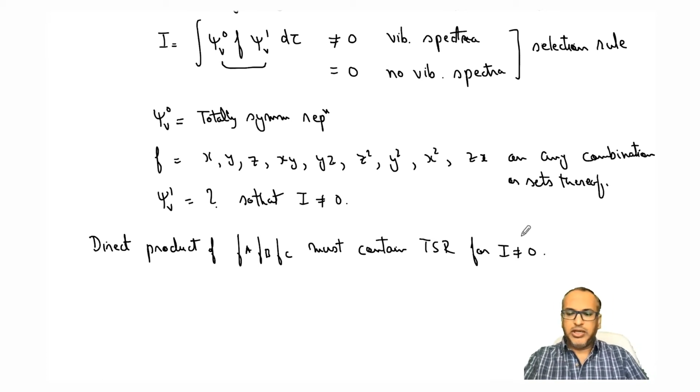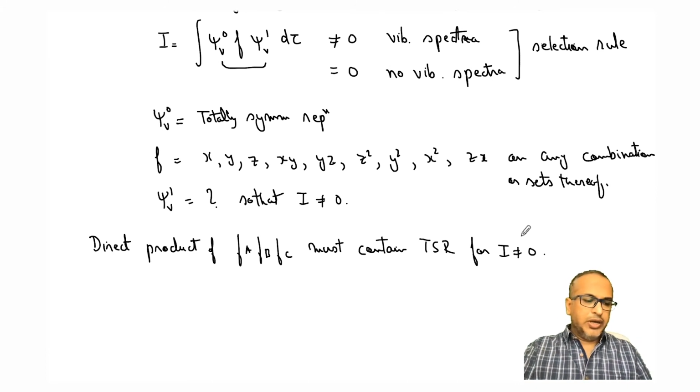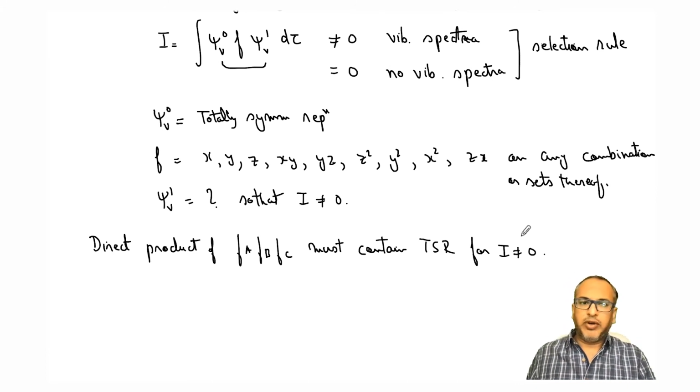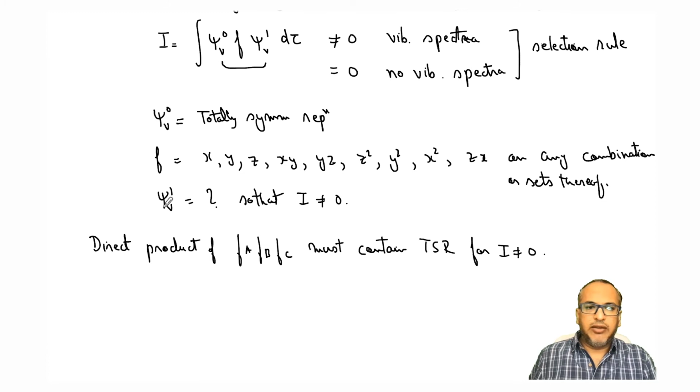Remember that we have studied this, right? Now we have to find out what psi v prime will be, for these two given to you, under these two different point groups.